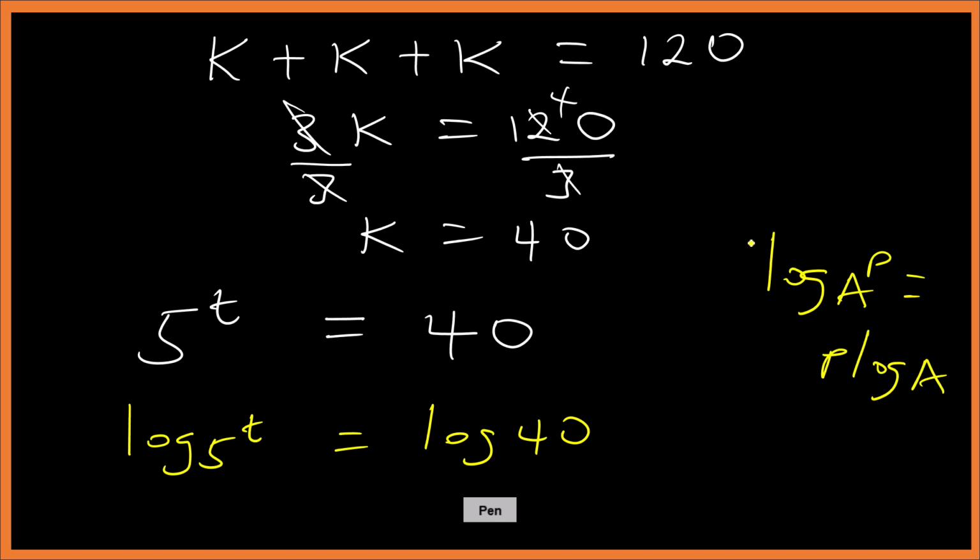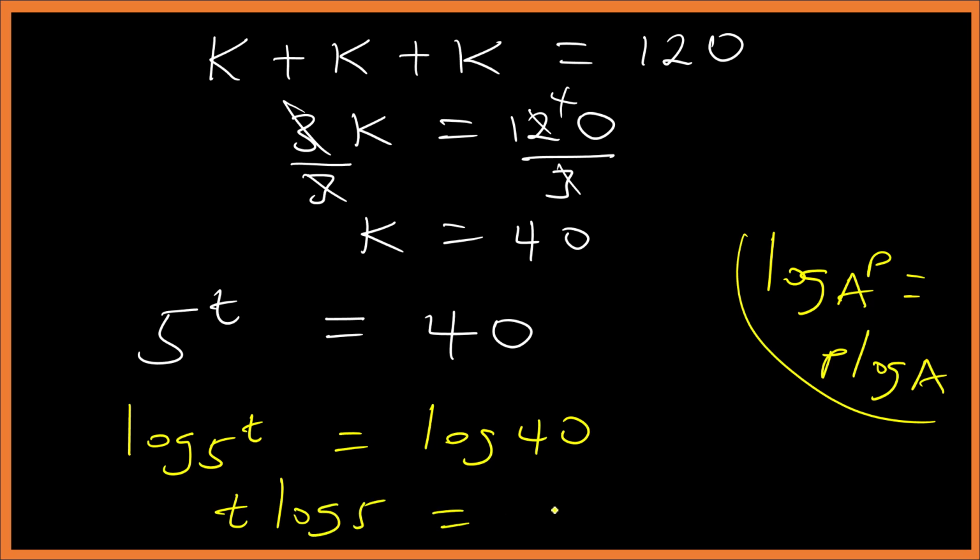So we have this property. So this side will be t log 5 equals log 40. So from here, we can divide both sides by log 5, where t will be log 40 over log 5.